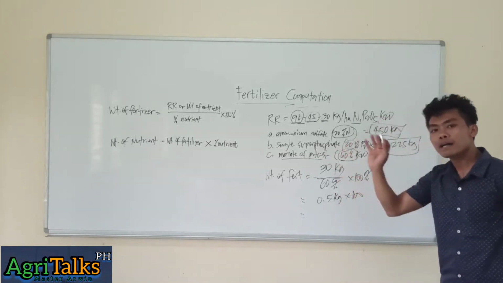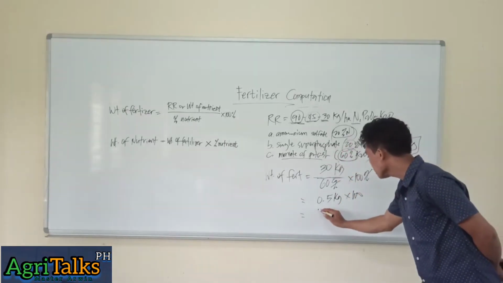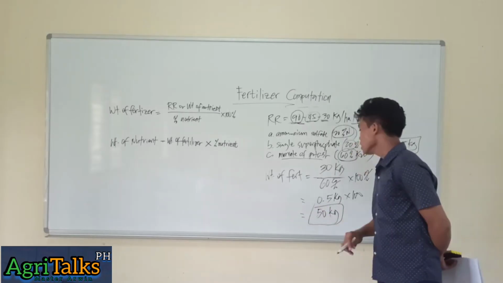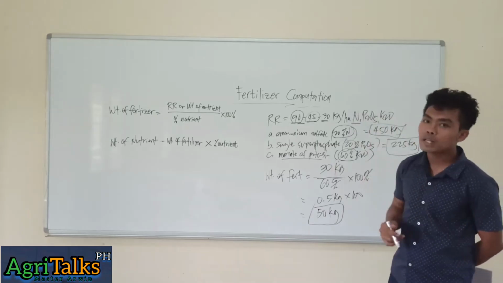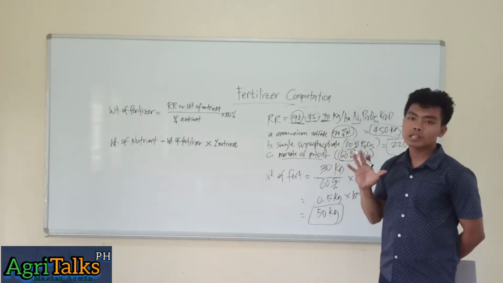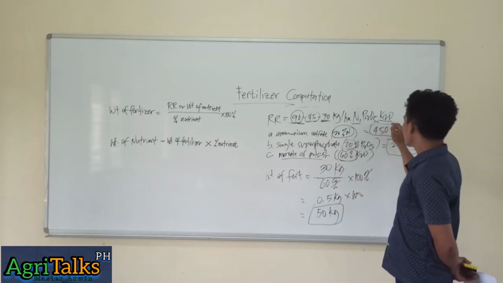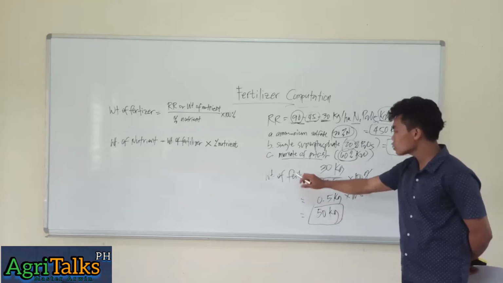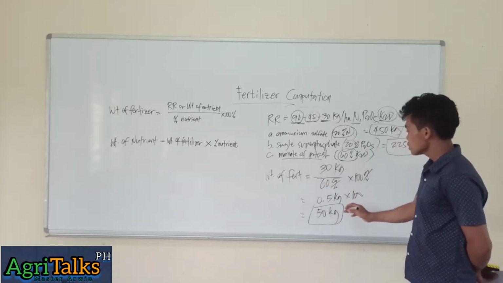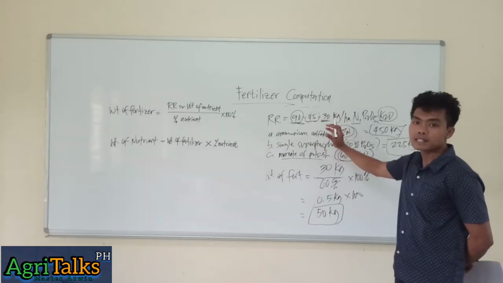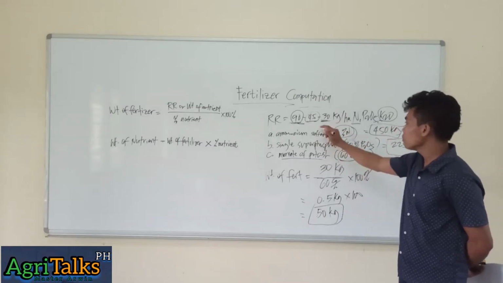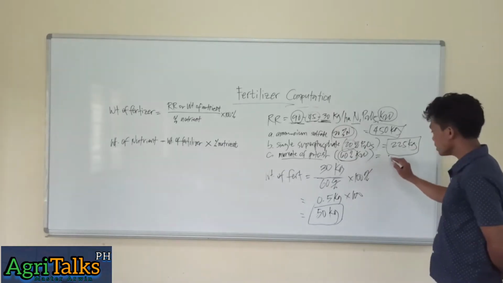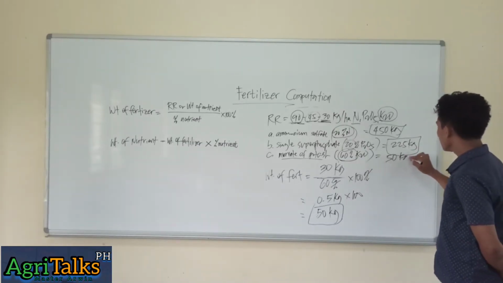So 0.5 kilograms times 100, that would be 50 kilograms. This also means that if your soil requires 30 kilograms of potassium, you will just apply 50 kilograms of muriate of potash. So that will suffice the needs of the soil with 30 kilograms of potassium. So this would be 50 kilograms.